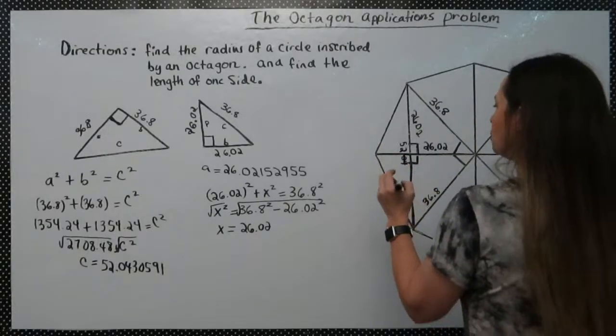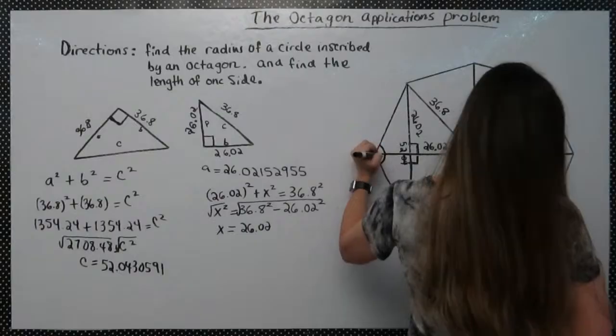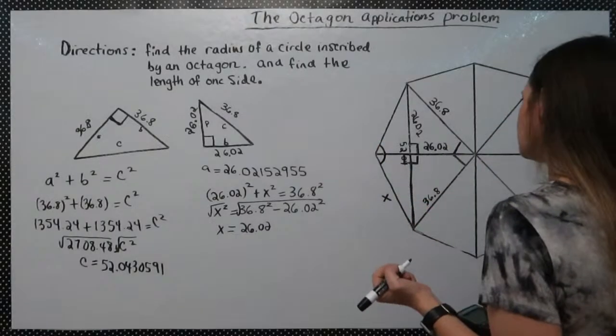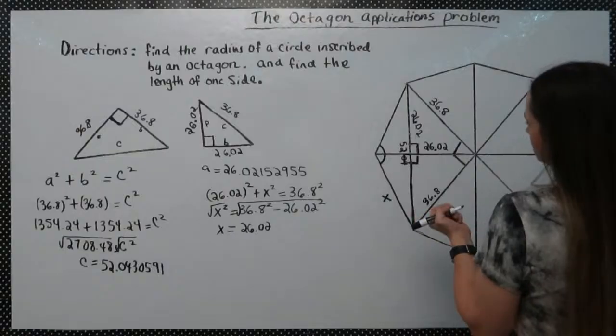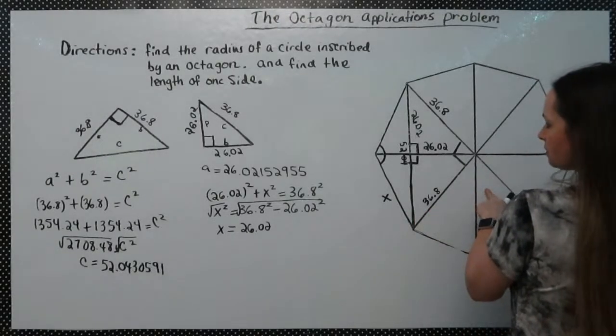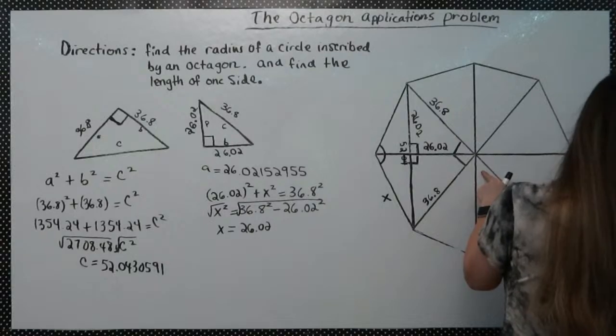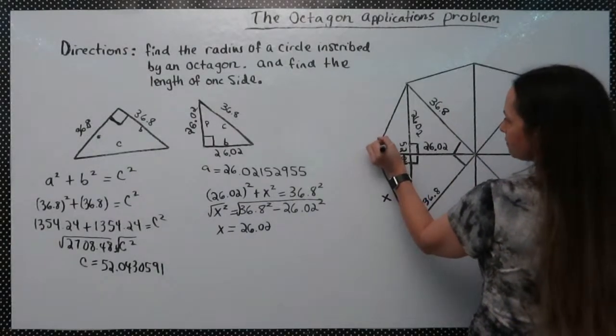Oh yeah, I know one more angle. Okay, so in an octagon, the interior angle, that angle right there. So I know that it's 360 divided by 8. So the exterior angle is 45 degrees, but this angle right here is 135.